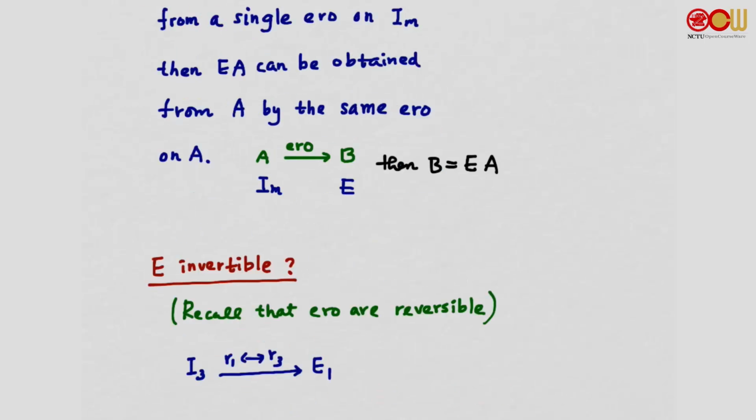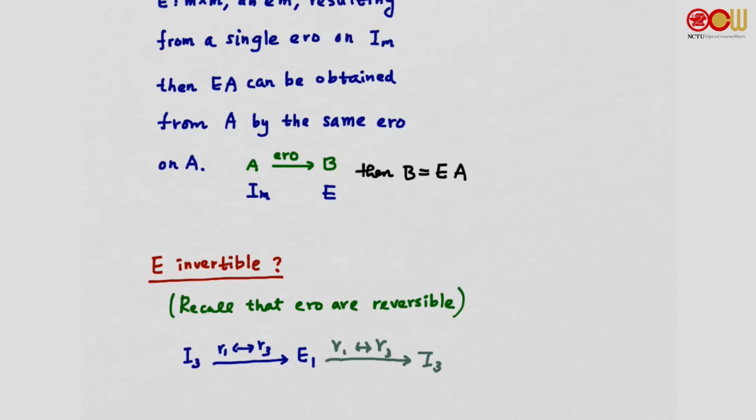For example, if we apply the row interchange, row 1 and row 3 interchanged, on the 3 by 3 identity matrix to get E1, we can get back the identity matrix by the same row interchange, right? Now, do we know what E1 inverse is? Pause and think about it. Applying E1 to the identity matrix, we get E1 again.